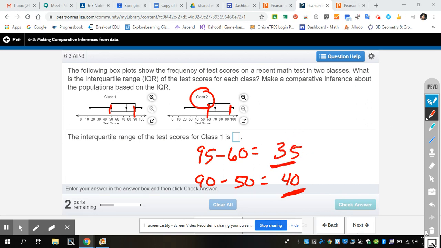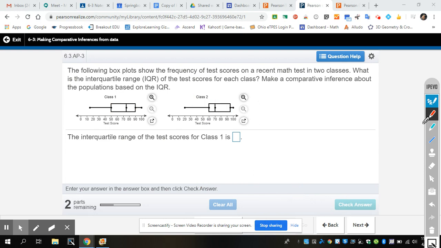Okay, so that is sort of the difference that we will use with box and whiskers. This line right here, remember, is our median. And you cannot find the mean with box and whiskers because it does not give us individual data points.